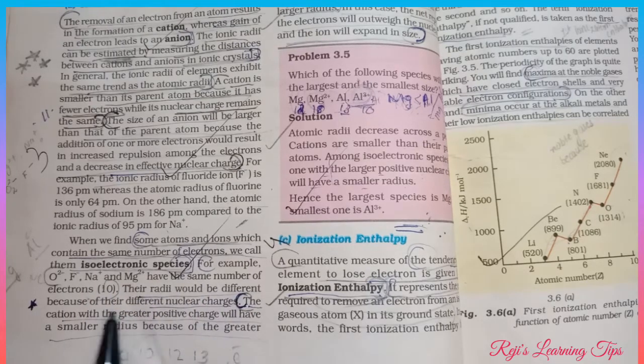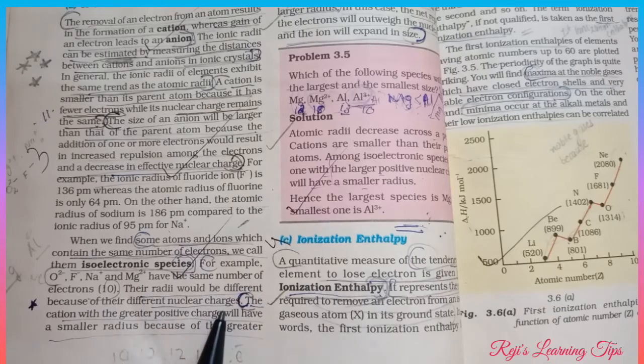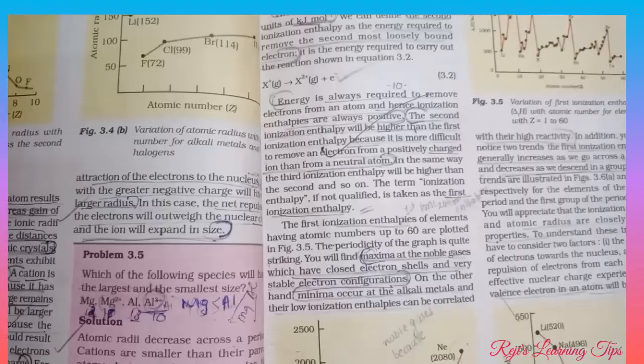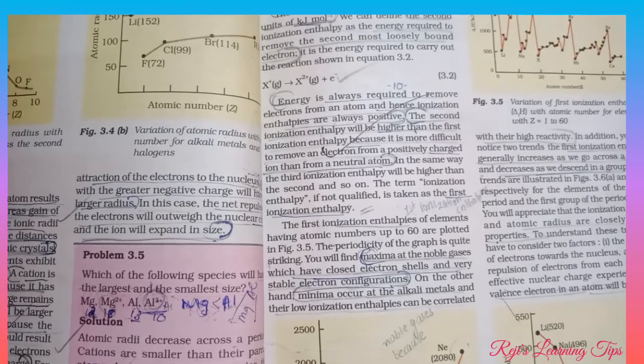Their radii would be different because of their different nuclear charge. The cation with a greater positive charge will have a smaller radius because of the greater attraction of the electrons to the nucleus.